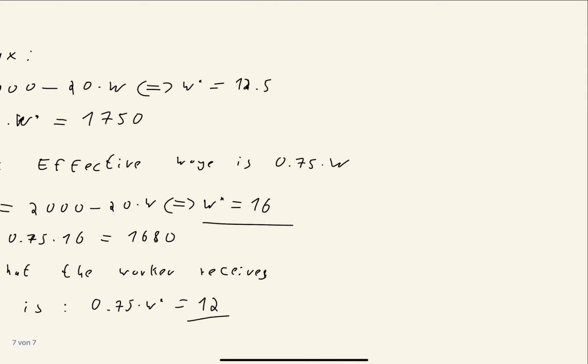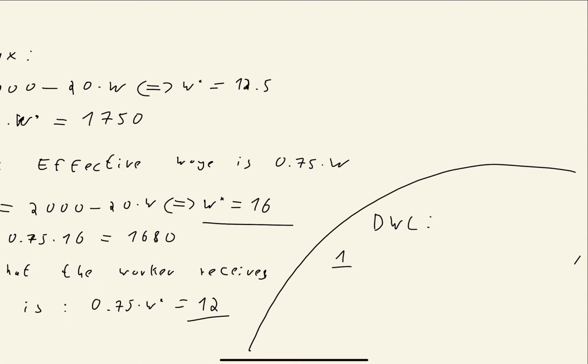And now we can calculate the deadweight loss. So the deadweight loss, I will shortcut it again with DWL, is 1/2 times the change in hours worked due to the tax.